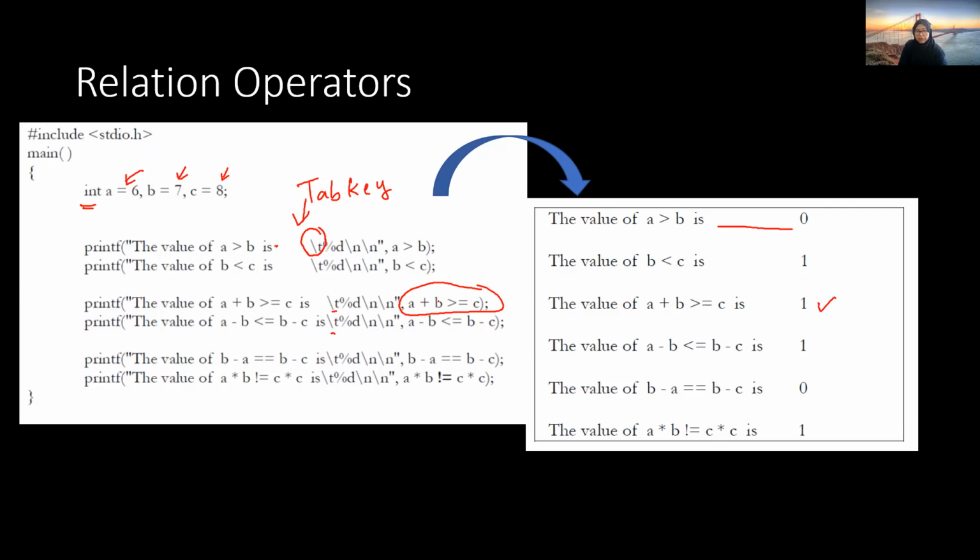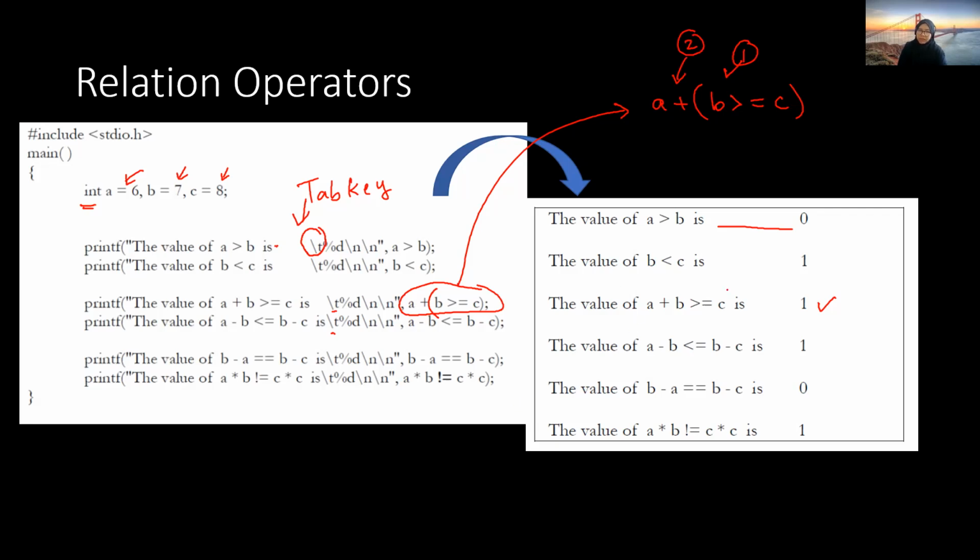But if you say something like this, let's try to change this one and put parentheses around A plus B. Then it will be different, because you evaluate this one first, and then the second step.